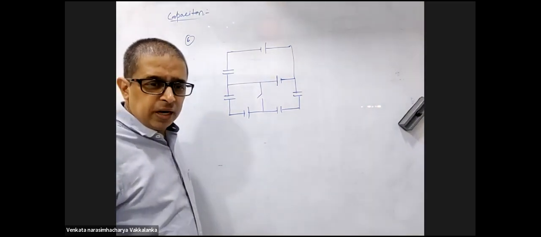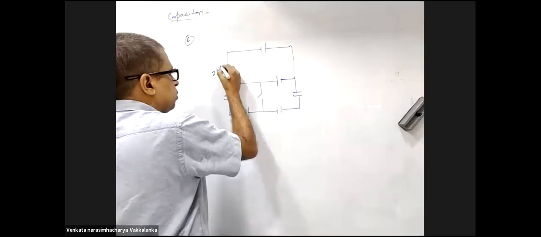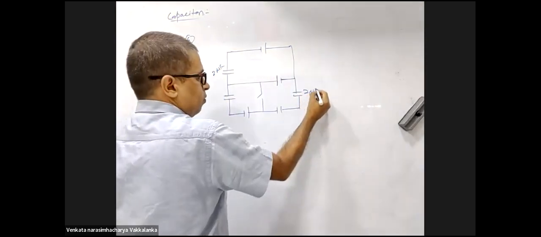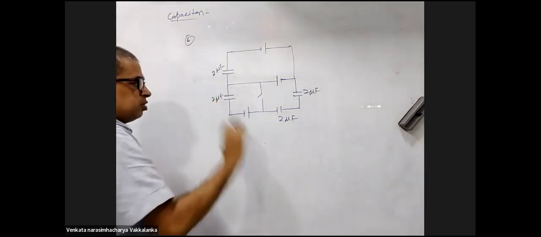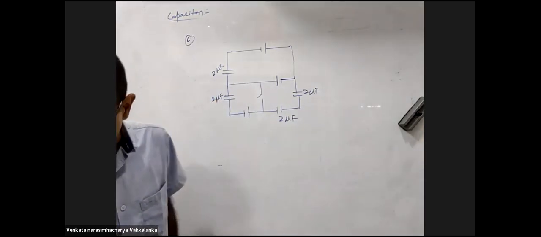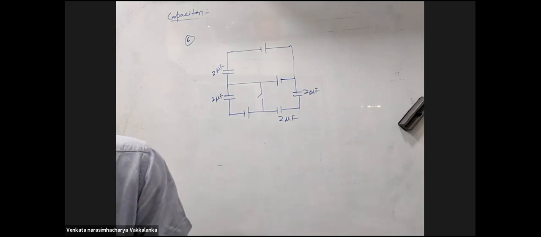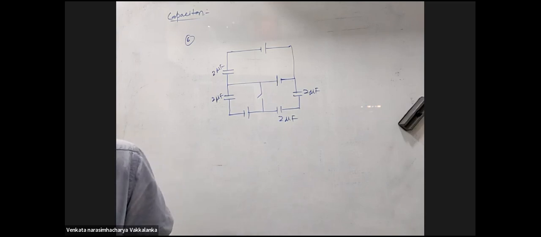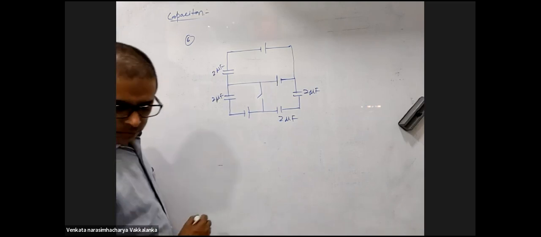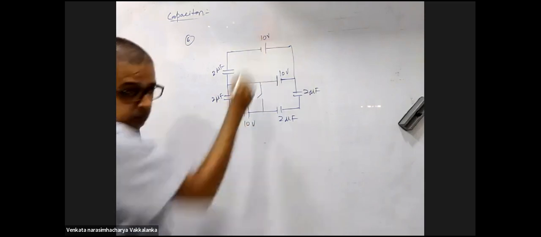Initially, the switch was open for a long time. All capacitors are 2 microfarads. And what is the battery having? Battery is 10 volts. This is 10 volts. This is 10 volts.